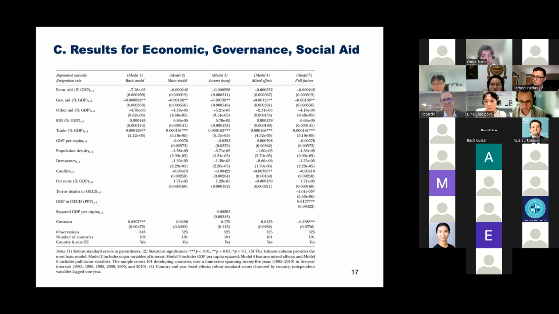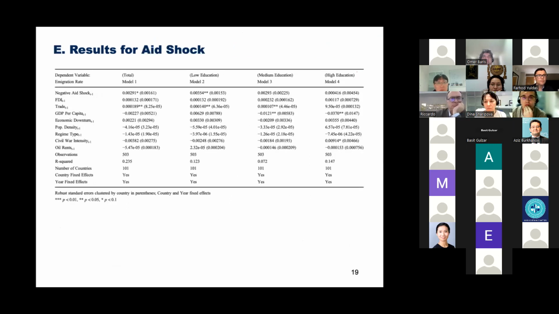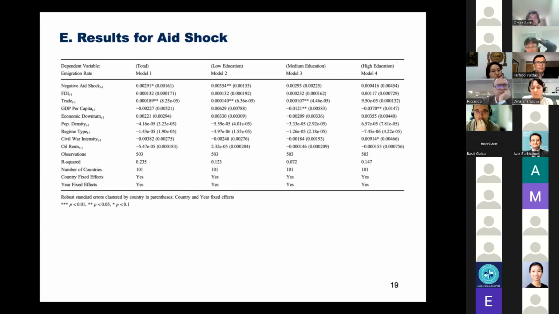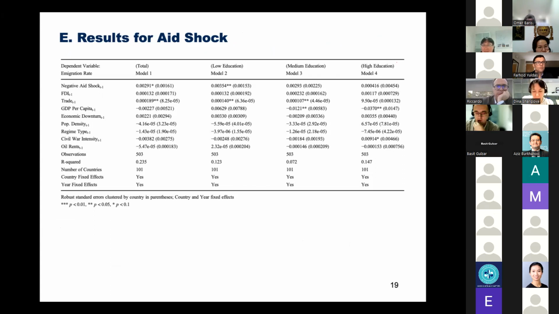Thank you. Can you show the other result? What is the low education, medium education, the data, the output. So basically, I think you did it for 15 years, and you aggregated only low education immigrants at the country level, and then medium education at the country level, and higher education, right?